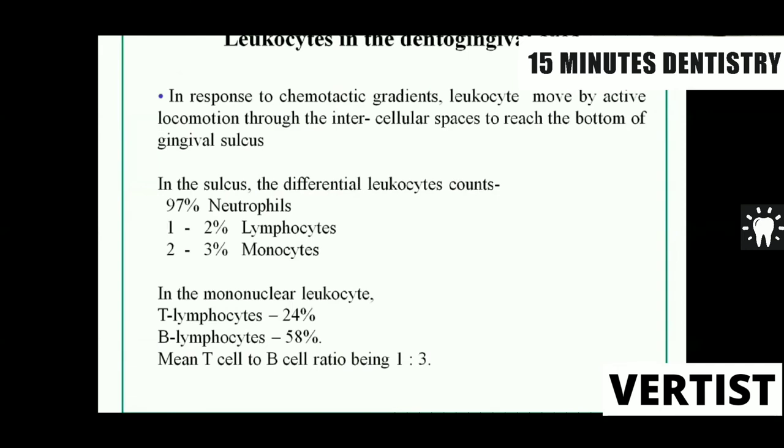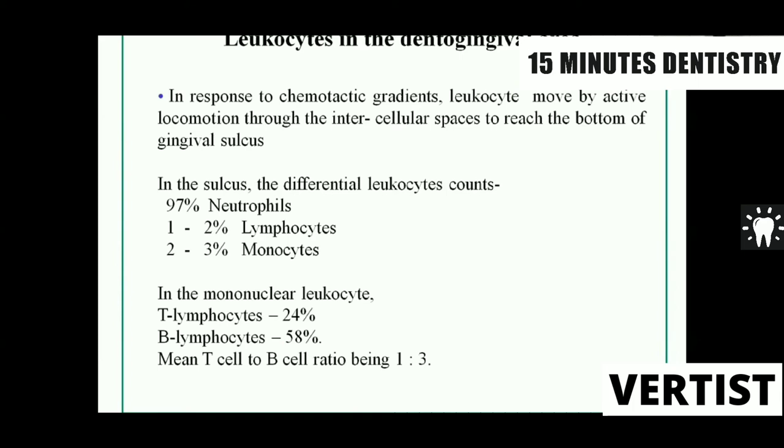Leukocytes present in the dentogingival area constitute the defense mechanism of the dentogingival area. In response to chemotactic gradients, leukocytes move by active locomotion through the intercellular spaces and reach the bottom of the gingival sulcus.